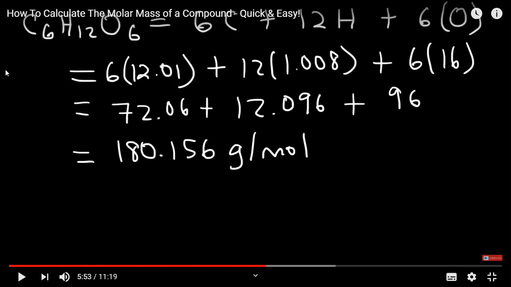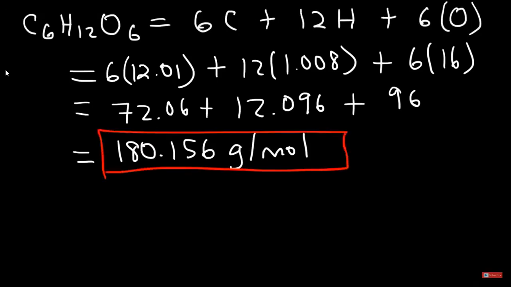So 6 times 12 plus 12 times 1 plus 6 times 16 equals finally 180.156 grams per mole. So it's the molar mass of glucose sugar. By the same method, any compound you can calculate its molar mass. Understand? Okay. So that's the molar mass of glucose, a typical monosaccharide.